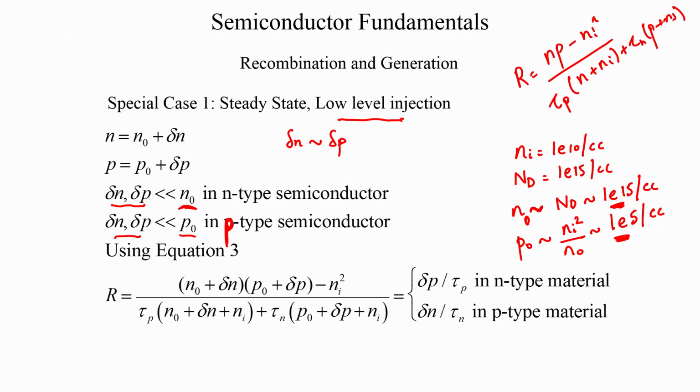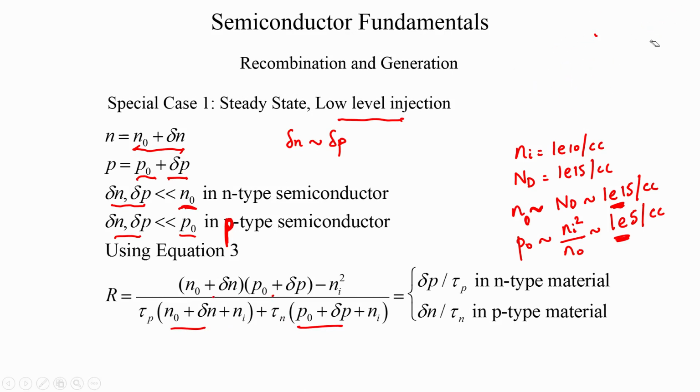That was equation 3. Now, what is my n? n is nothing but n naught, the equilibrium value, plus delta n, and p is nothing but p naught plus delta p. So, we plug in those values for n and p everywhere and we open out this term. What happens when we open out this term?